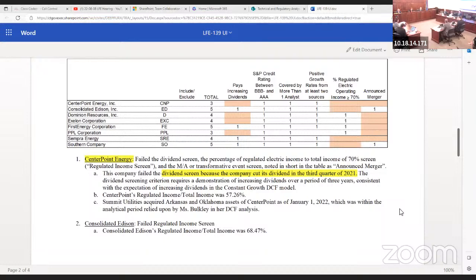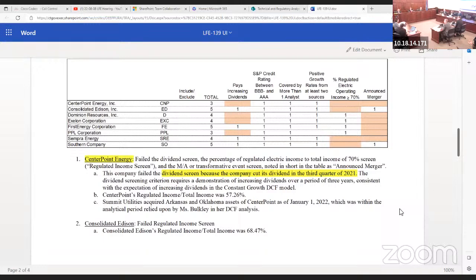It may have been screened the month before, so it would have been just about that time period. So if he had done it a month later, Dominion would have passed the merger screen, but it still would have had a dividend cut. So it would not have passed the other screens.